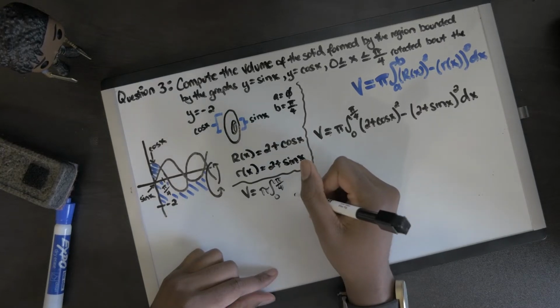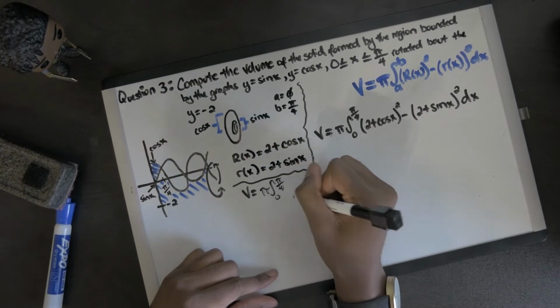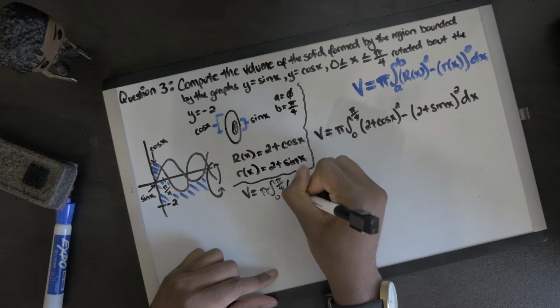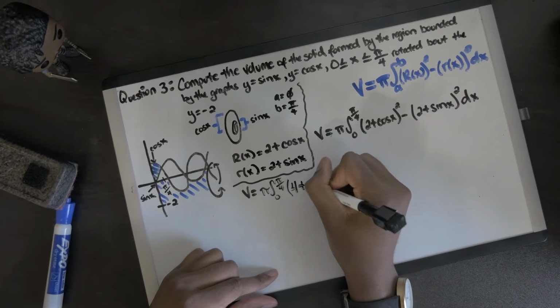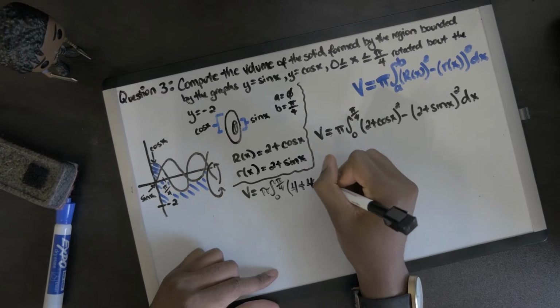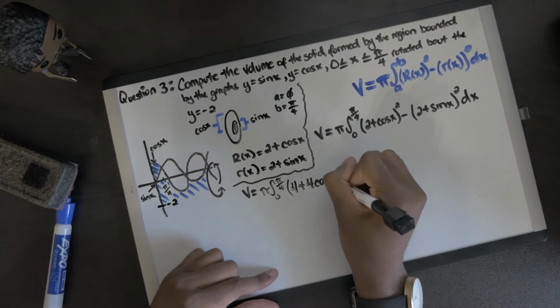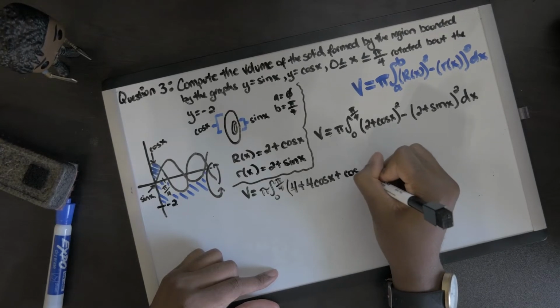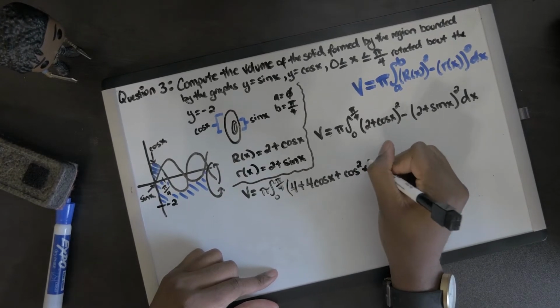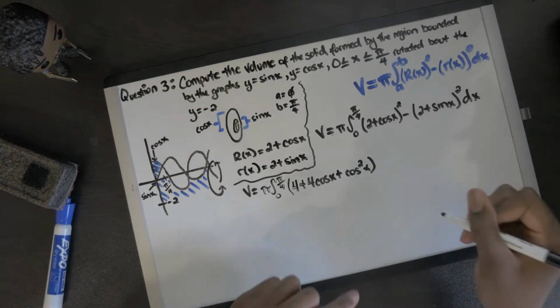And then, if we do the factoring, it's going to be 4 plus 4 cosine x plus cosine squared x.